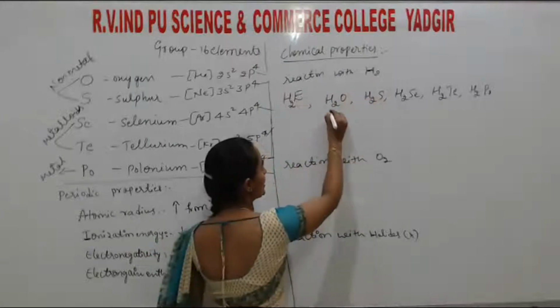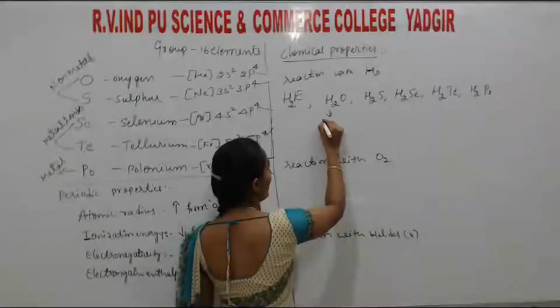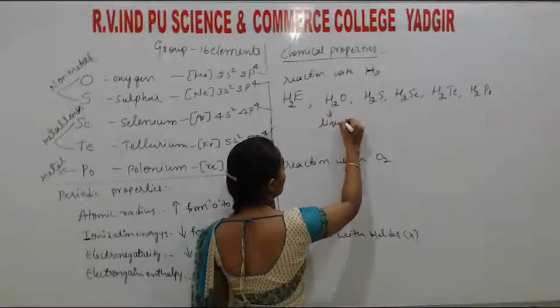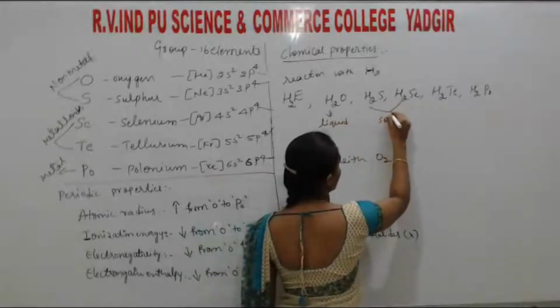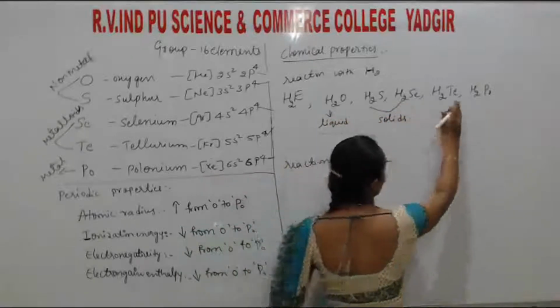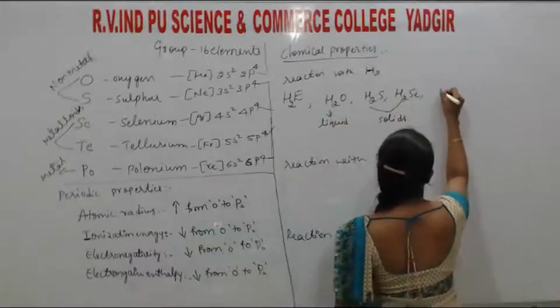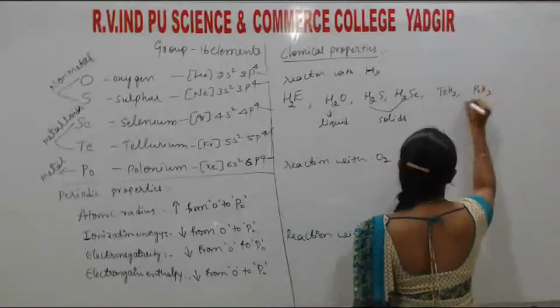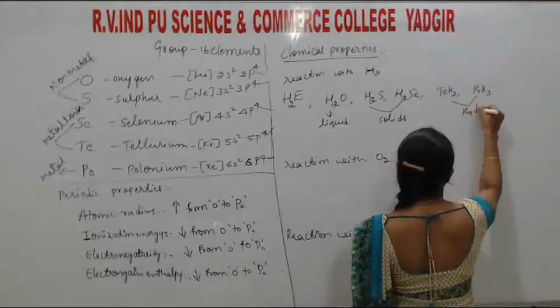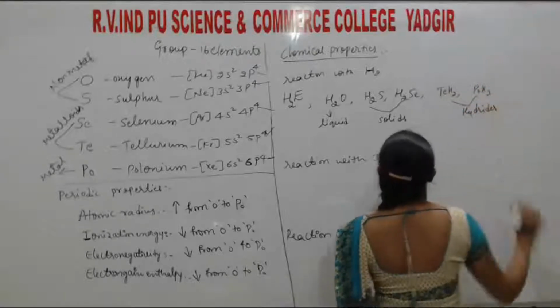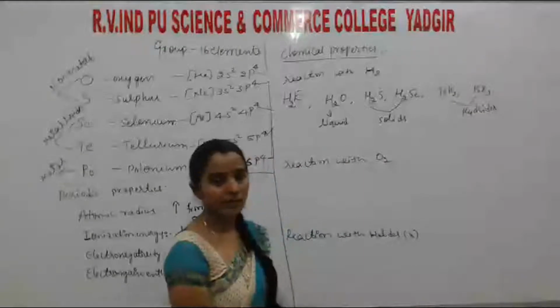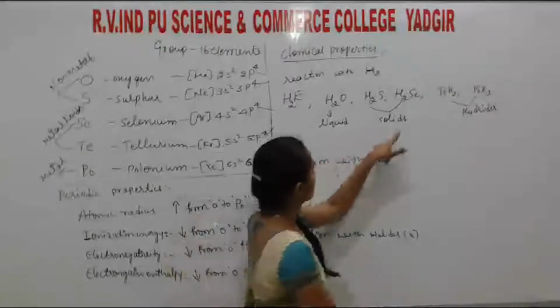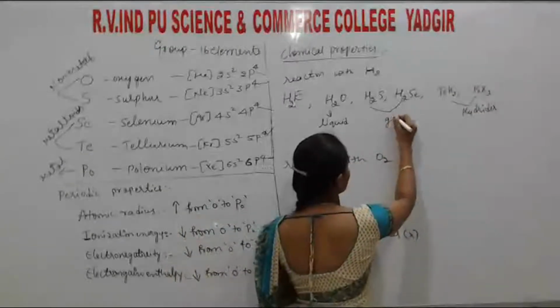So students, this one, H2O, is a liquid. The others are solids, but they form hydrides. This one is gaseous in state.